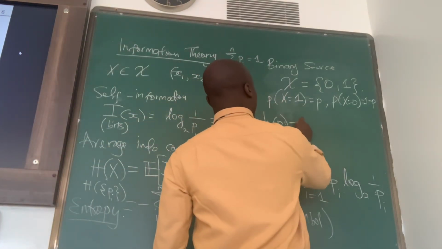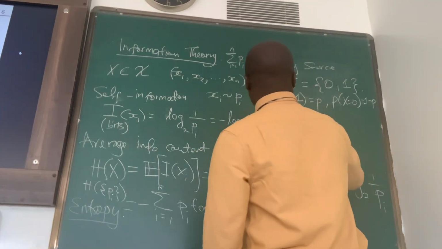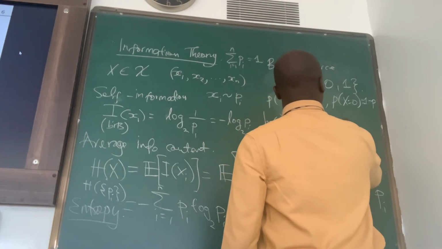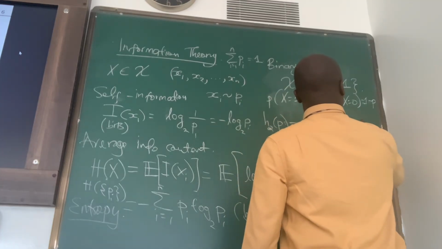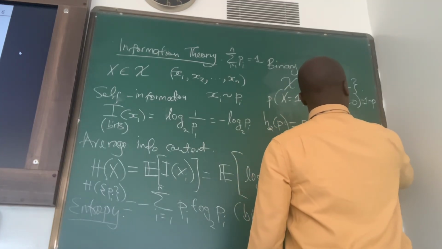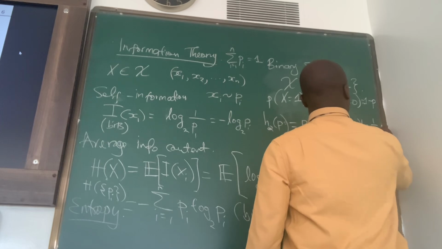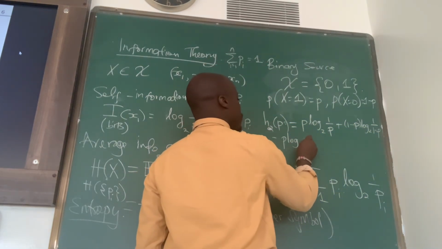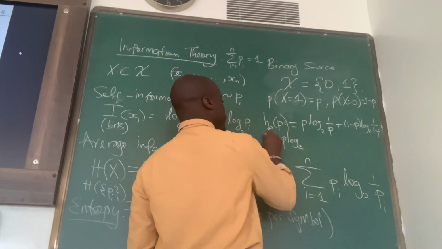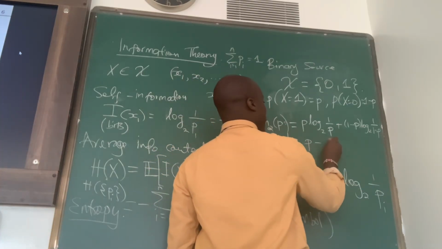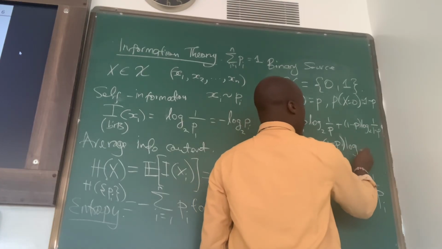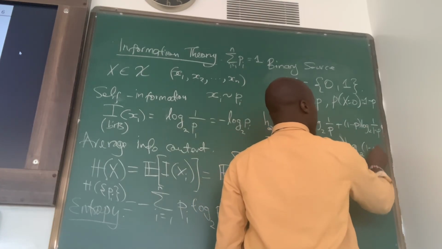Now, the binary entropy, if you calculate it, you're going to get p log to base 2 of 1 over p plus 1 minus p log to base 2 of 1 over 1 minus p. Or you can write it as negative p log to base 2 of p minus 1 minus p log to base 2 of 1 minus p.